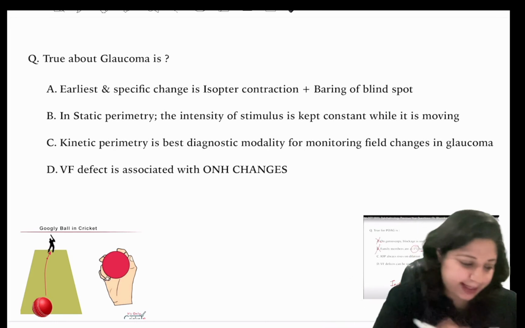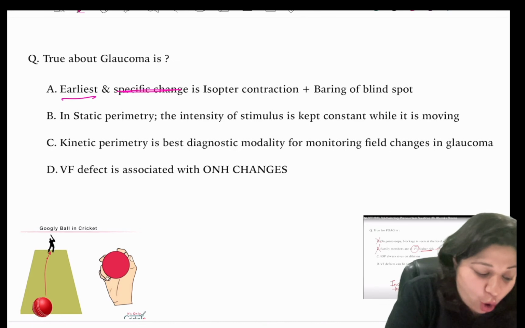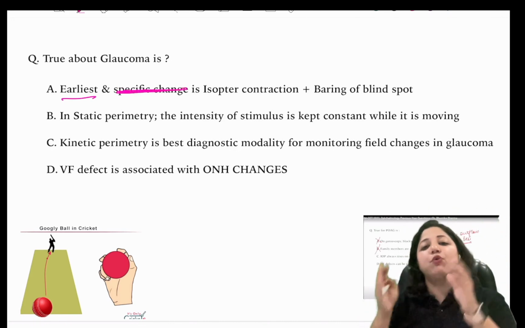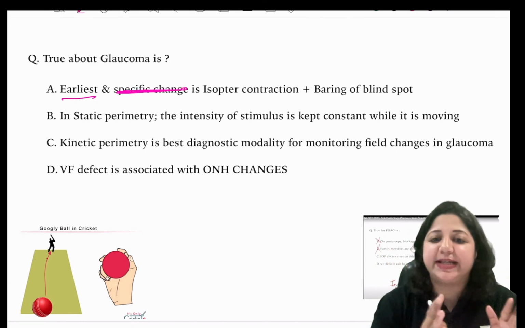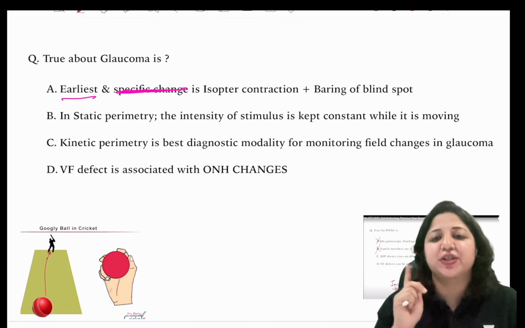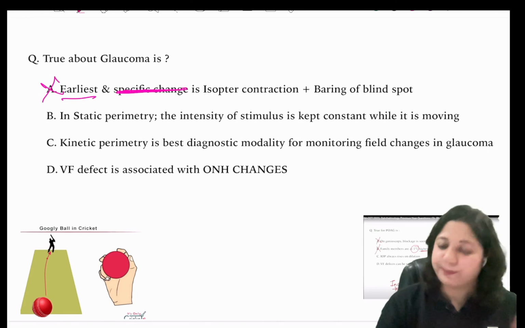Is that right? Let's see. It says earliest, I do agree, but it is not the specific change. The most specific, earliest visual field defect which is specific to glaucoma is the paracentral scotoma, which comes in the Bjerrum area. So this was a wrong choice.